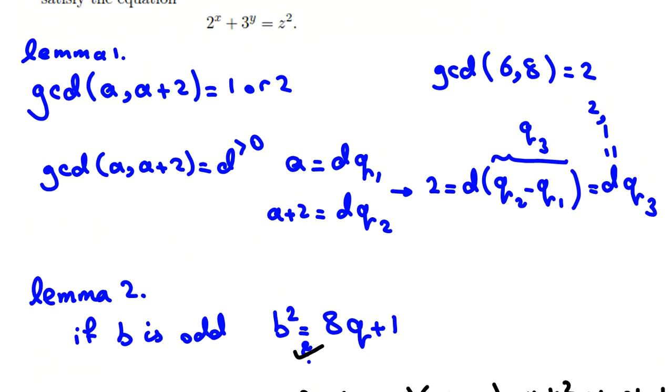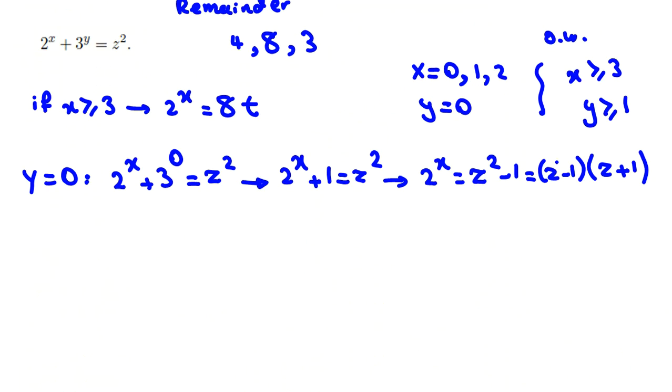From lemma 1, I told you what? I told you when I have two numbers a and a plus 2, their GCD is 1 or 2. So let's consider the first one, because their product is a power of 2. So it will be 2 to the a1 and 2 to the a2. Okay?